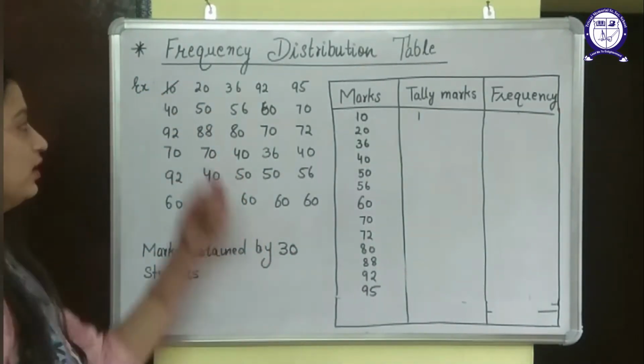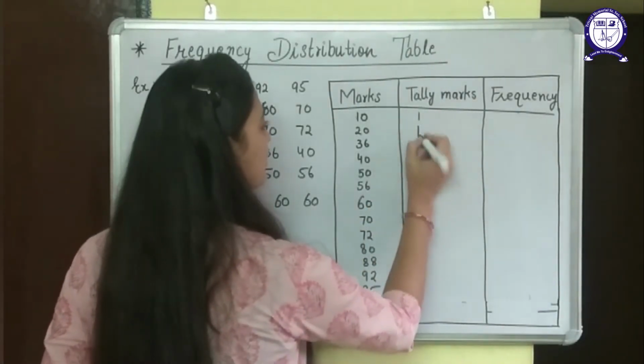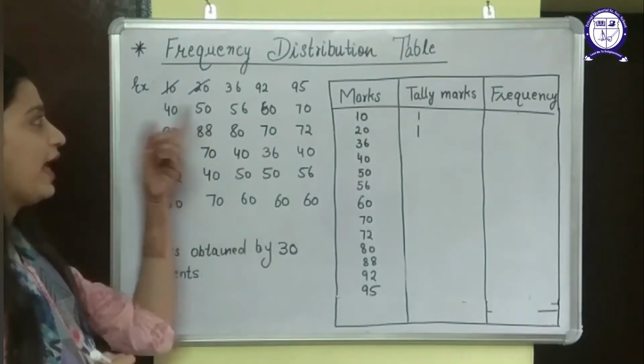So 10 I will cancel. Then 20, so I will put 1 mark in 20 and then cancel it.